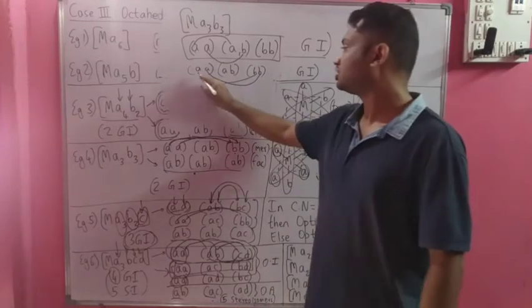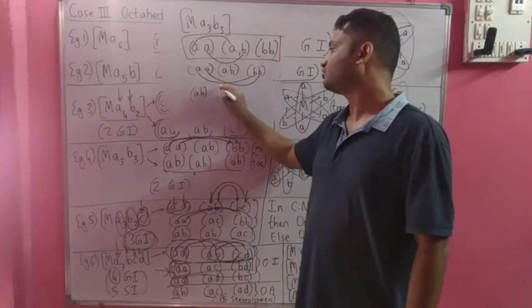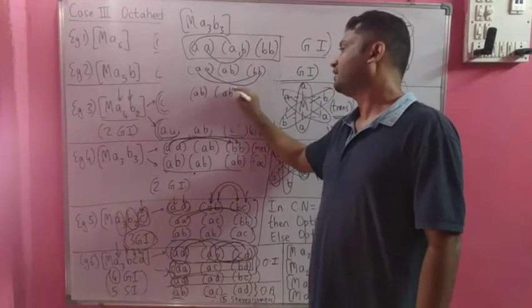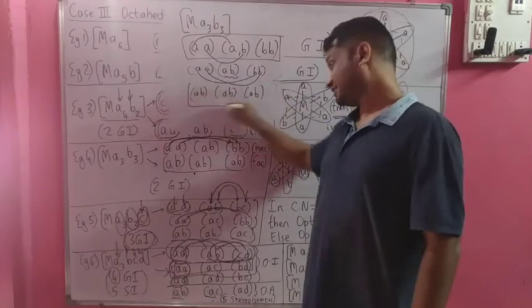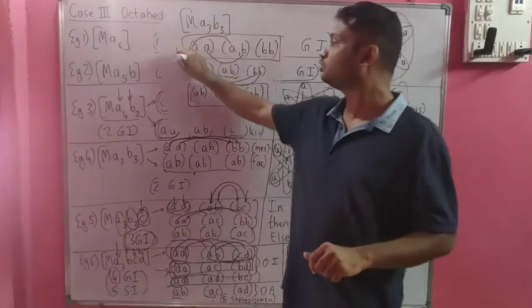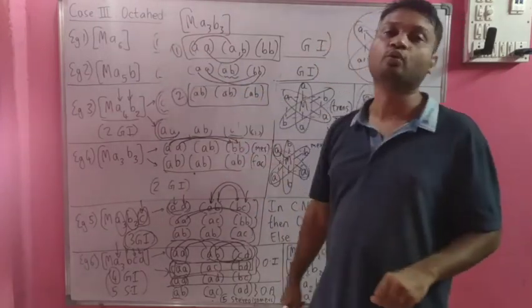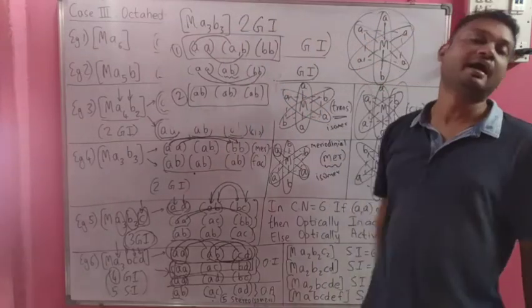So now I will have a new structure AB, then the next one which is AB again, and this third AB remains as it is. So this is the second geometrical isomer. So in this case we have two geometrical isomers, 1 and 2. So for MA3B3 we have two geometrical isomers.